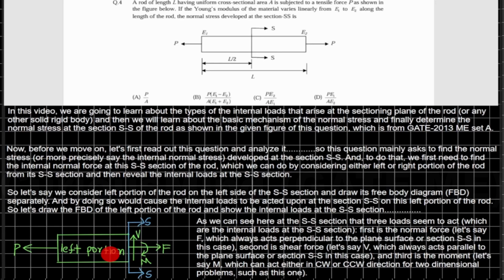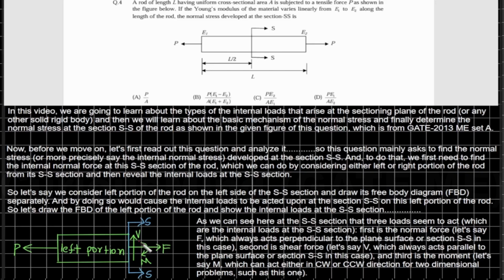In this free body diagram, while there seems to be three loads acting on the SS plane, actually, there are basically two loads.